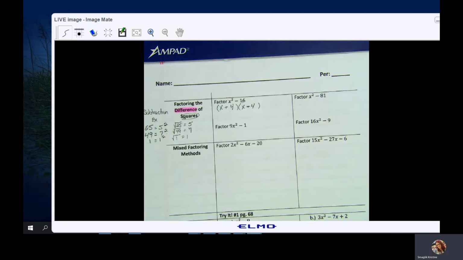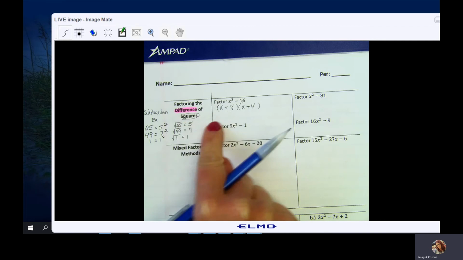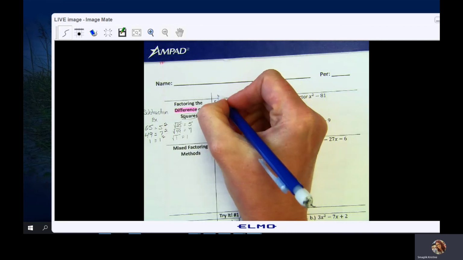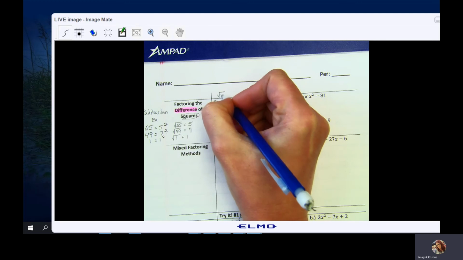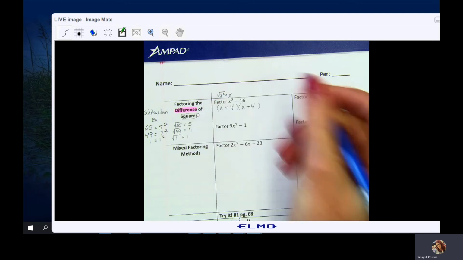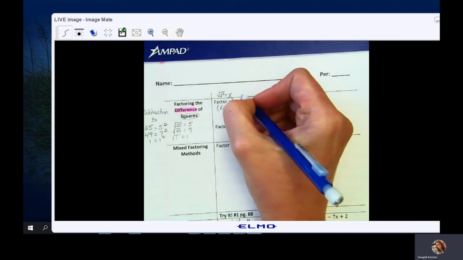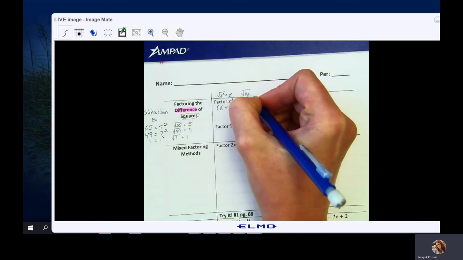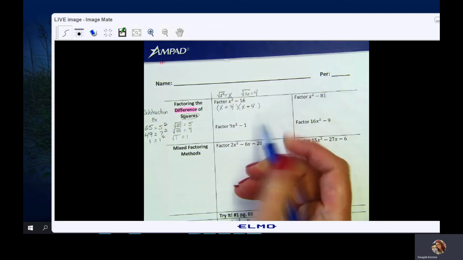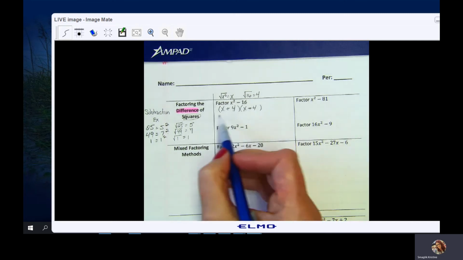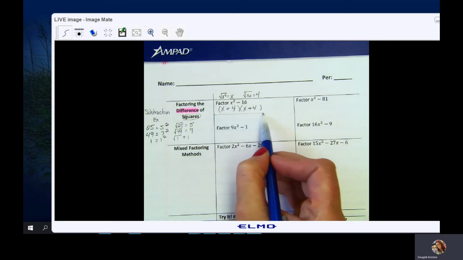You can also look at it this way, difference of squares. So we have the difference right there. The square root of x squared is x, and that went in right here. The square root of 16 is 4, and there it is. Let's redistribute to check this.